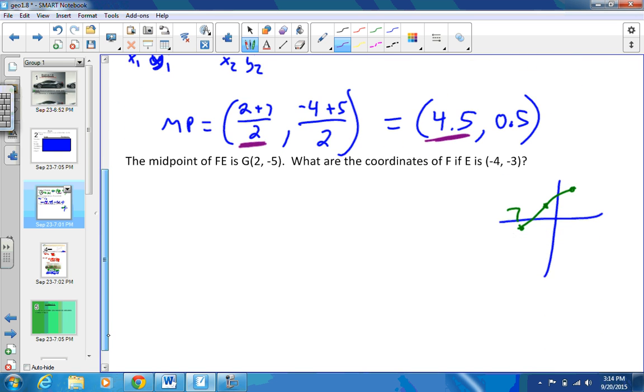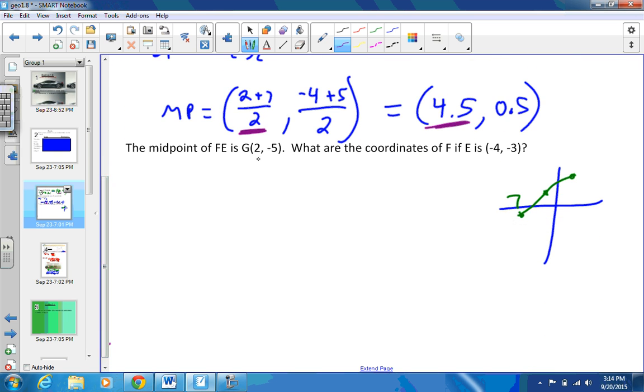So let's say the midpoint we have for our x's is 2, so we're going to have 2, this is for the x value again, is equal to x1, which we have as -4, plus the x2, all divided by 2.